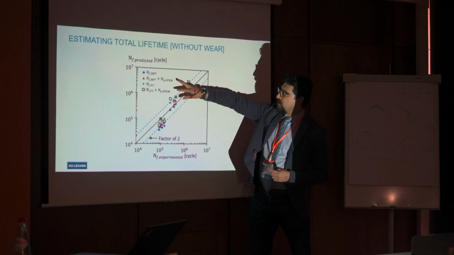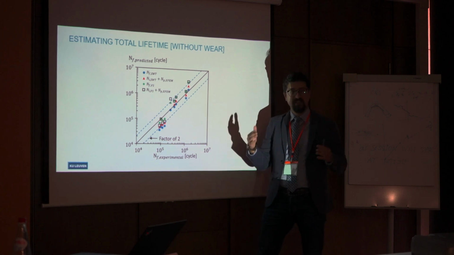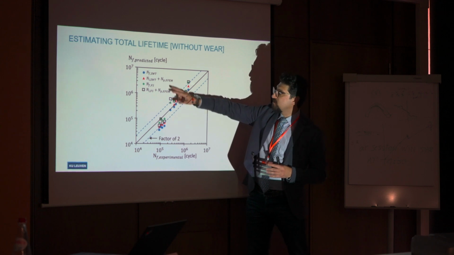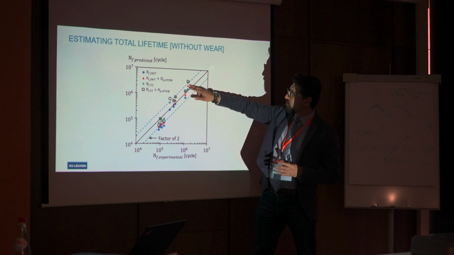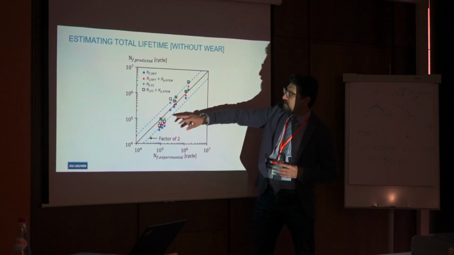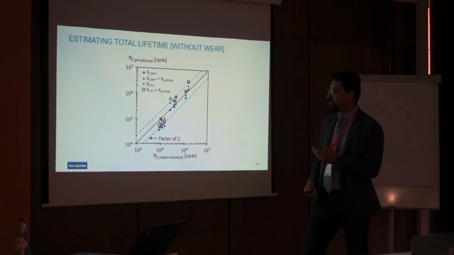So we tried to separate crack initiation and crack propagation, still without taking into account any wear process. It was better: especially for the stability parameter, it gets closer, and in this case for the other parameter it's also inside the plus or minus 2 band.